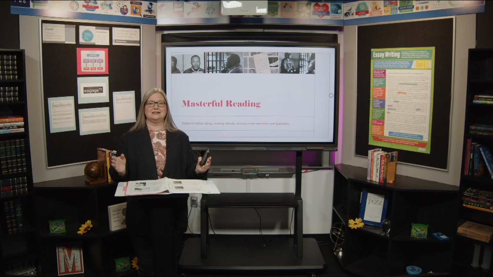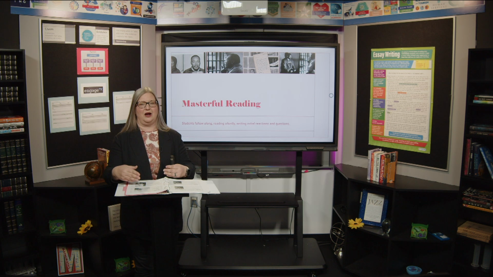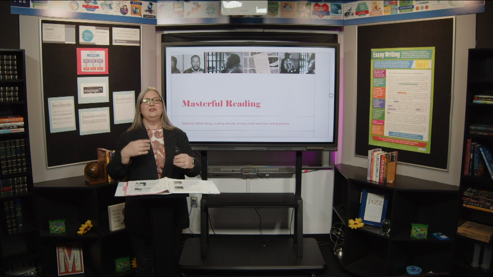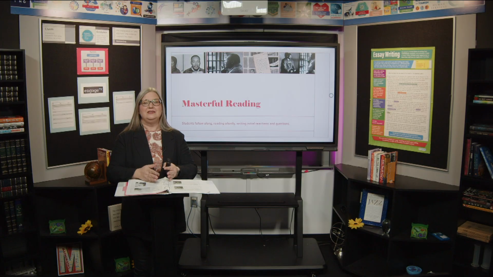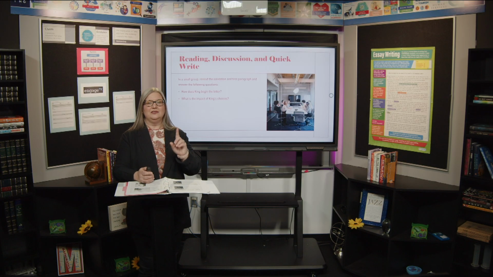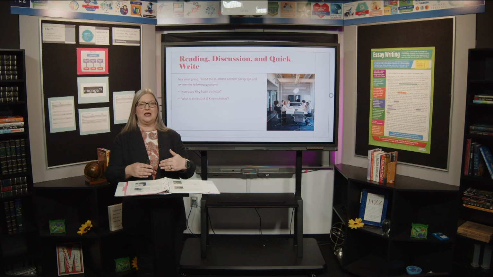Know that over the next several weeks, we are going to dig in paragraph by paragraph into this text. There will be questions every single time that we meet to help lead you to that final end of unit task. So let's talk for a second about the discussion and quick write. This is a section that you will become very familiar with, reading and discussion.